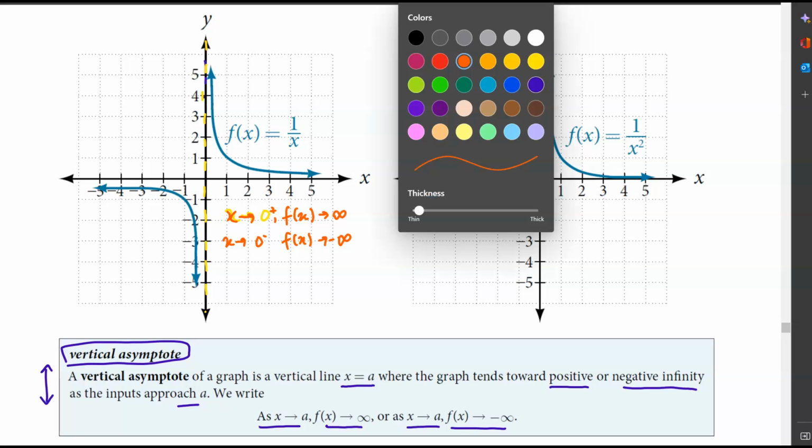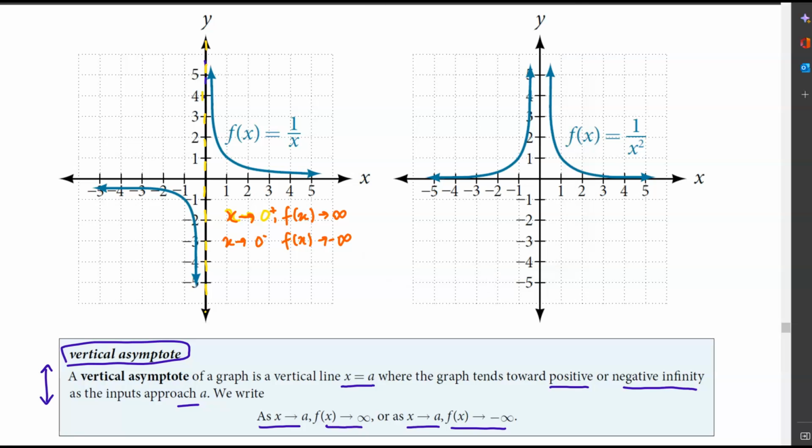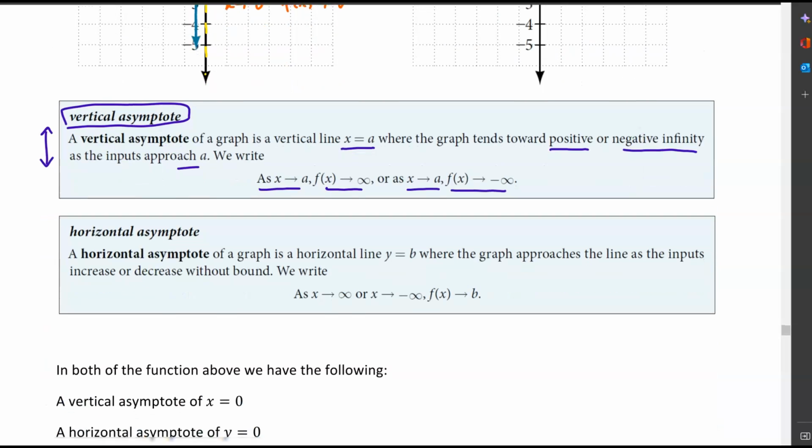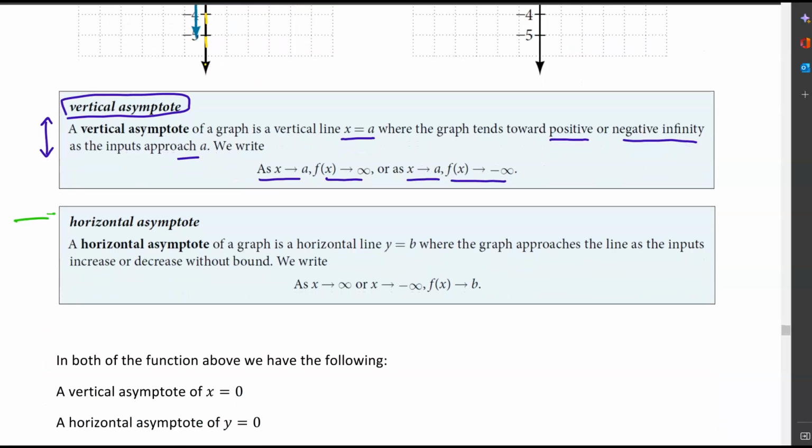We have a horizontal asymptote. Let's do a lime green. Right here is our horizontal asymptote on our y-axis. Our horizontal asymptote is going to look like a horizon, right? It's going to be a graph, and it's going to be y equals something.